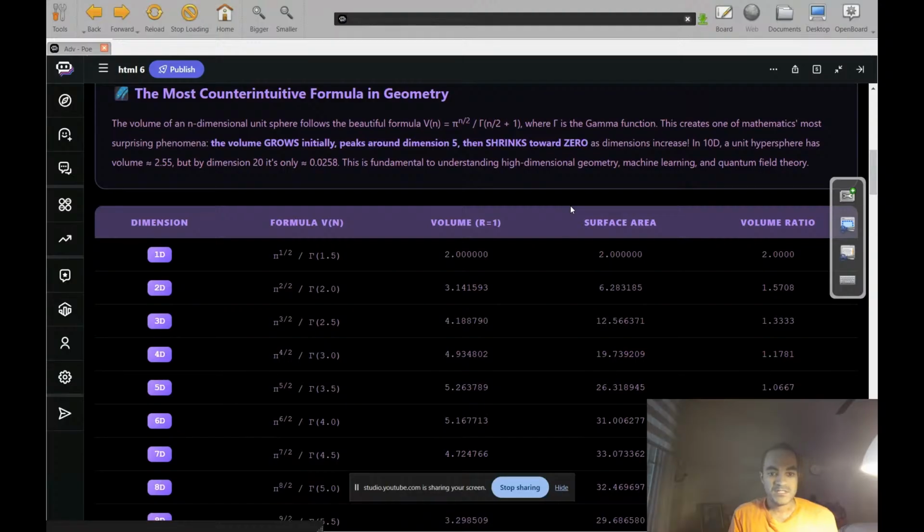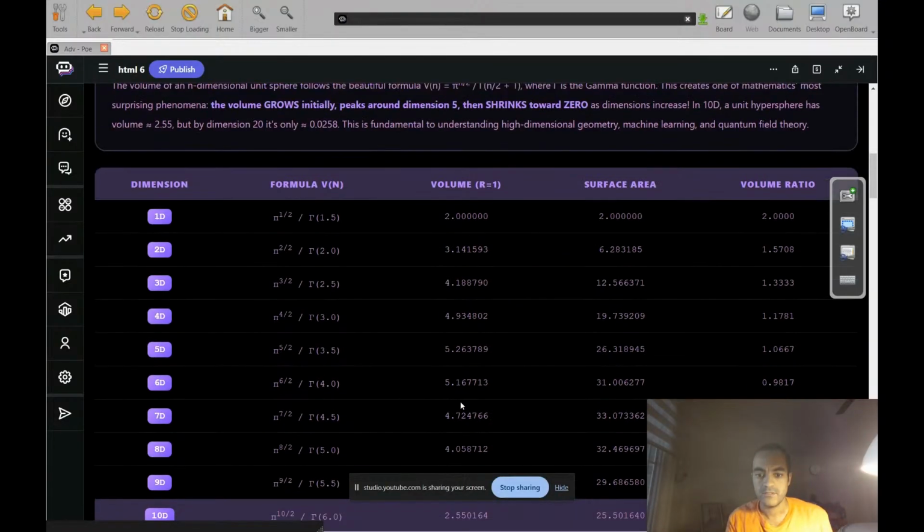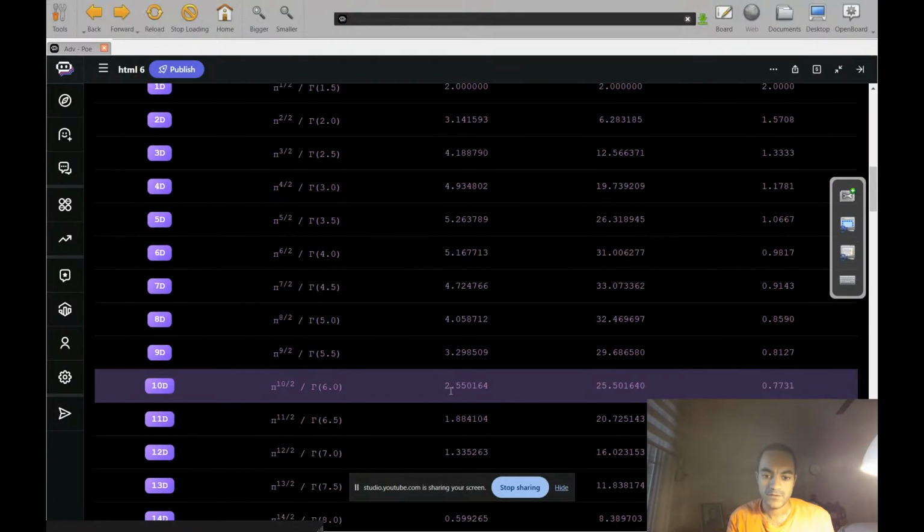Since we're interested in 10D here, our formula for the volume of a hypersphere in n-dimensional space should be pi to the 10 over 2, over the gamma function of 6. You'll notice here that we get 2.55 as the volume according to our computer simulation. That's what it's saying here.